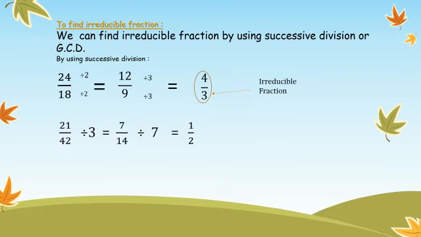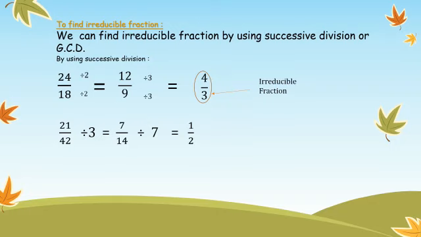Another example, we have 24 over 42. 24 and 42 can be divided by 3. So 21 divided by 3 is equal to 7, and 42 divided by 3 is equal to 14. 7 and 14. 7 can be divided by 7, and 14 we can divide by 2 or by 7.